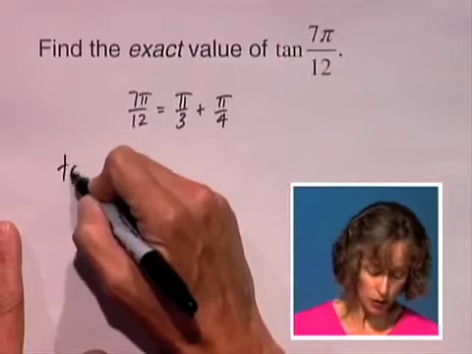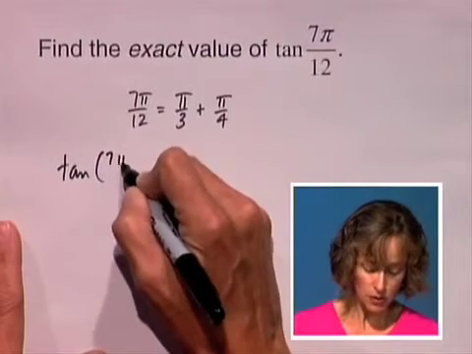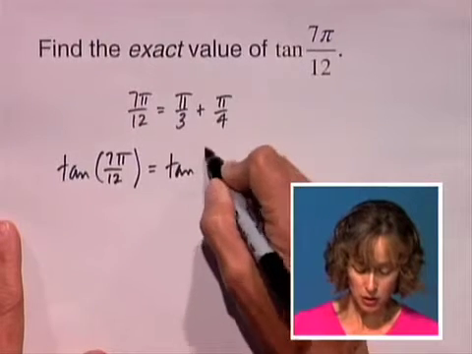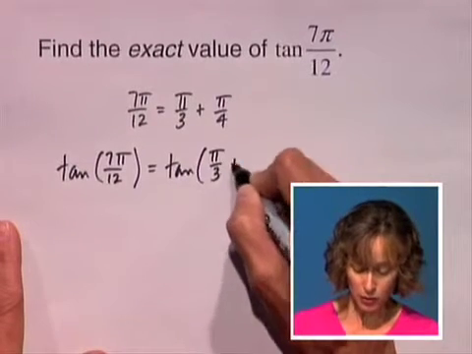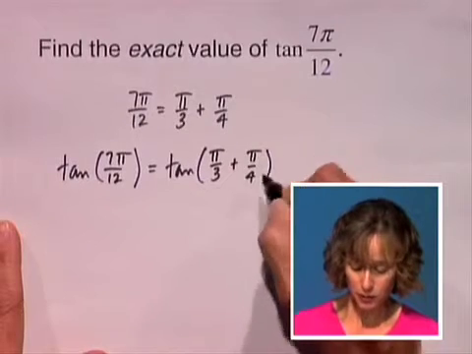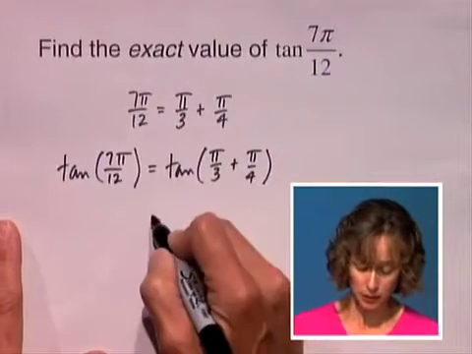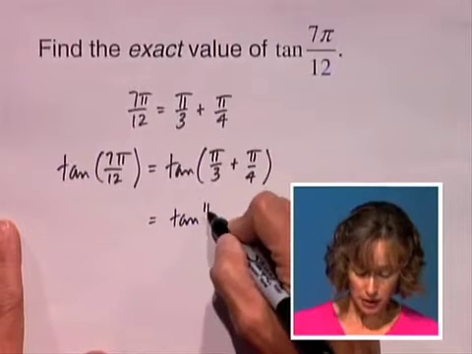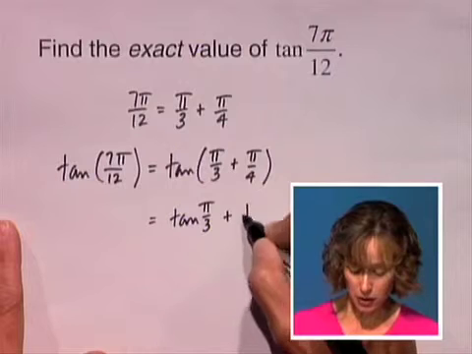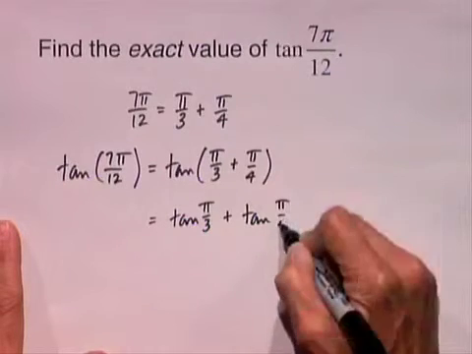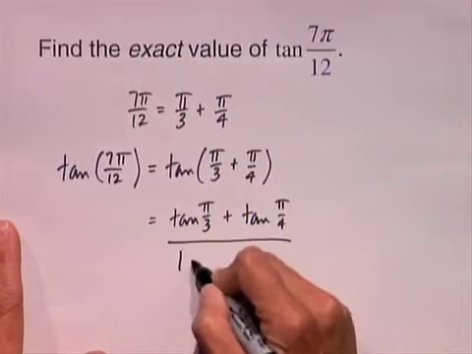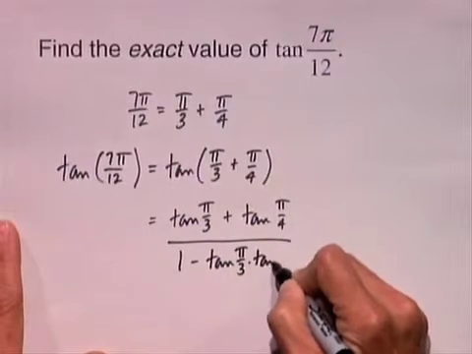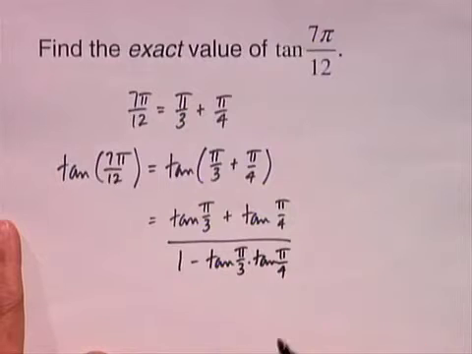So if I'm looking for the tangent of 7 pi over 12, I can find the tangent of pi over 3 plus pi over 4 and apply the tangent sum identity. So this is going to be, applying the identity, the tangent of pi over 3 plus the tangent of pi over 4 over 1 minus the tangent of pi over 3 times the tangent of pi over 4.